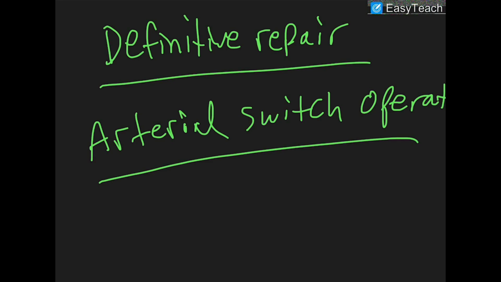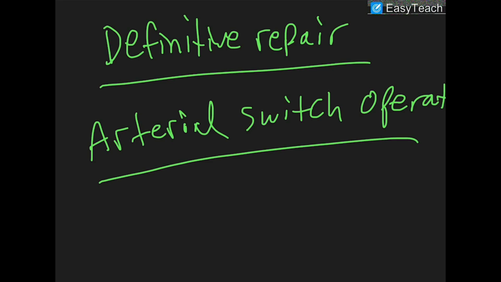And instead of the right ventricle dumping its blood into the aorta, you take out the aorta and connect it to the left ventricle. That way you're creating the proper circuit that's supposed to be there, right? And then of course you can take the coronary arteries and reimplant them into the new aorta.